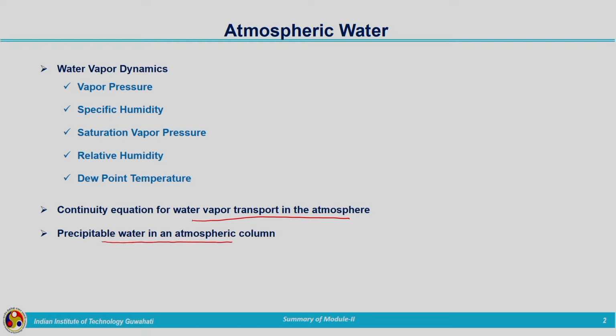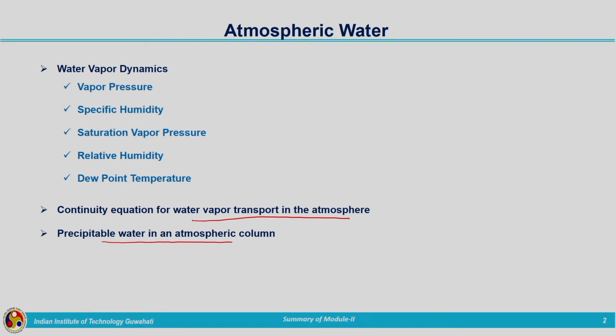So, different parameters related to atmospheric water we have studied, such as the vapor pressure, specific humidity, all those expressions we have seen, and the interrelationship also we have found out, and the temperature and pressure variation as we go up into the atmosphere, how it is varying. The pressure and temperature reduce as altitude increases. Those things we have already seen in the beginning classes of atmospheric water.